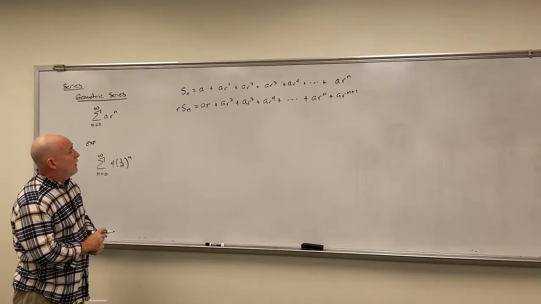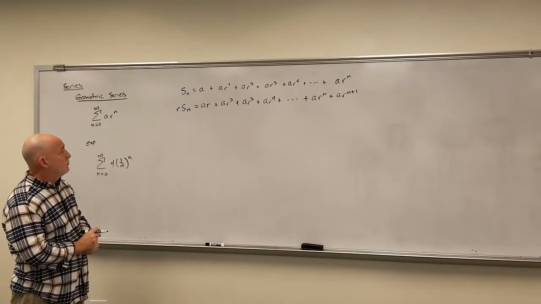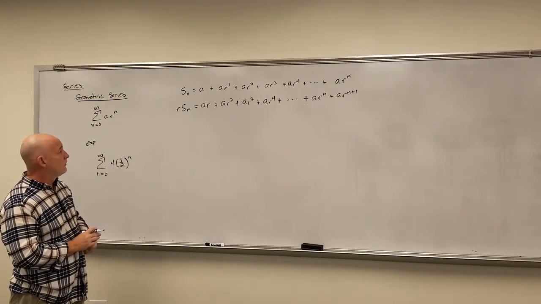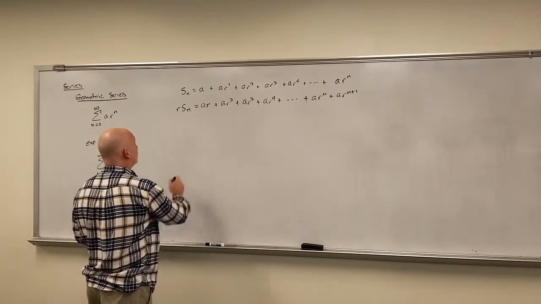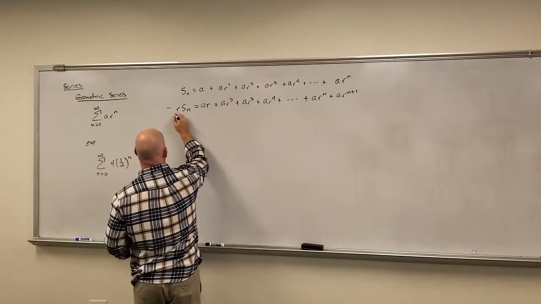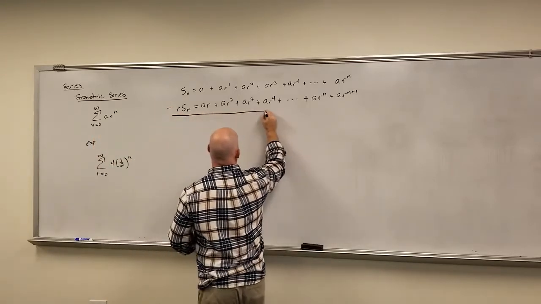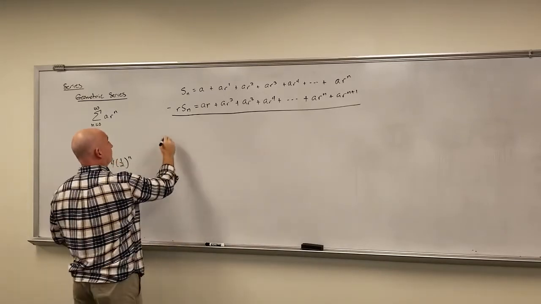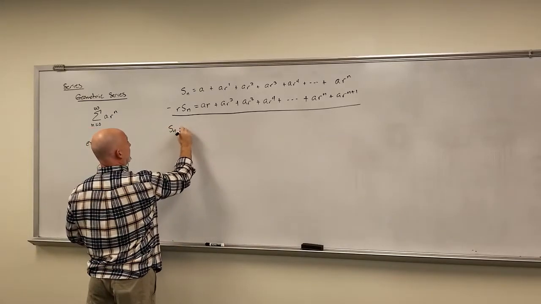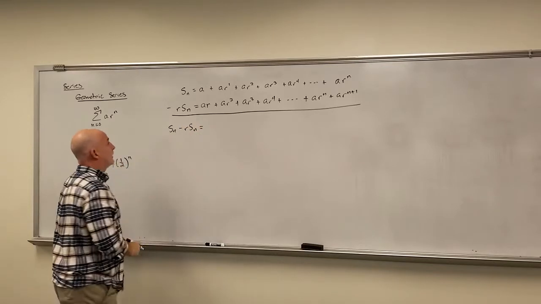Now you're like, well, why would that be important? Well, now if I just do a little bit of arithmetic, let's do some subtraction. On this side, I do s sub n minus r s sub n.